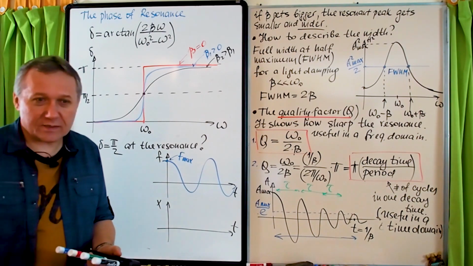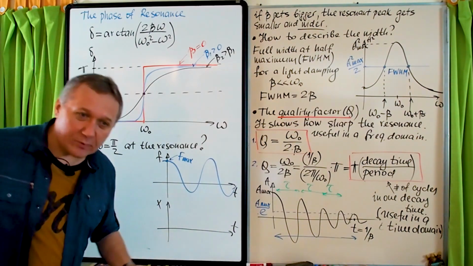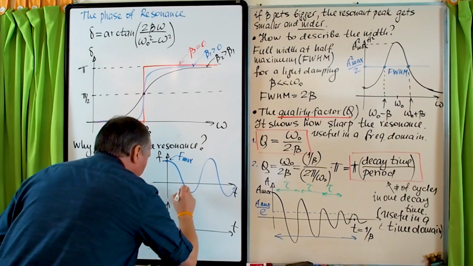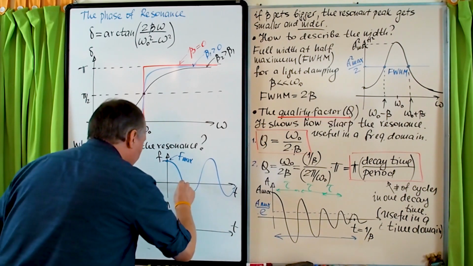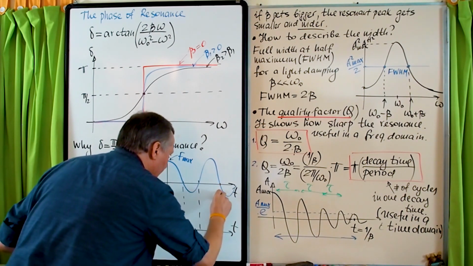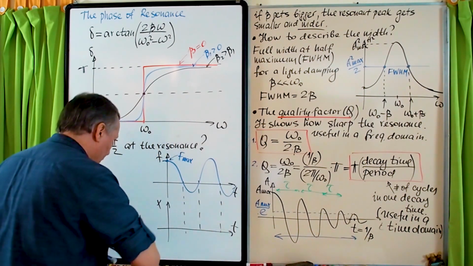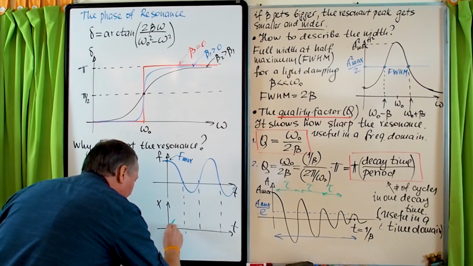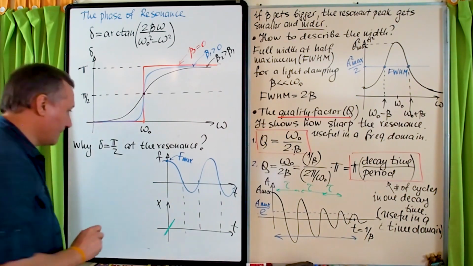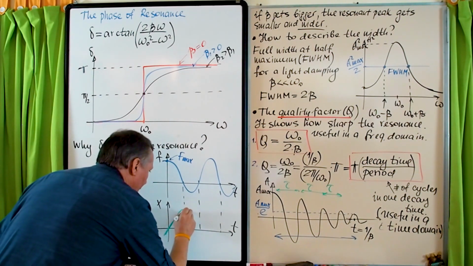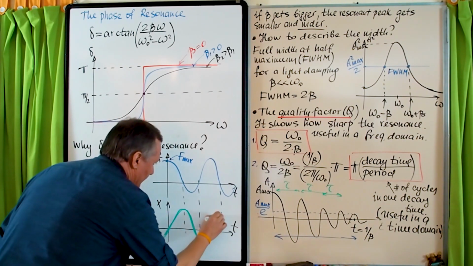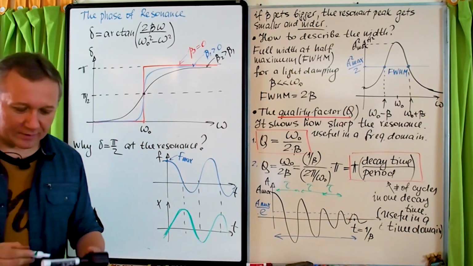So when does the system have maximum velocity? When it passes the equilibrium point, right? Now let me overlap it with this curve. At that moment, the system must go through the equilibrium, then reaching maximum over here, then going down, something like this. Right.